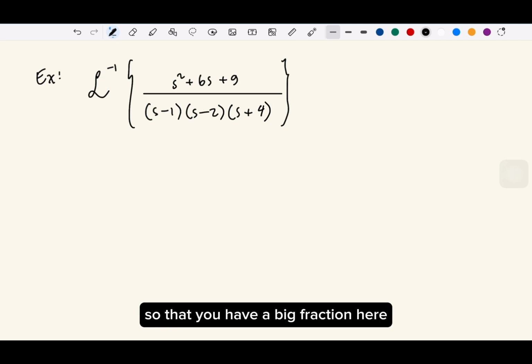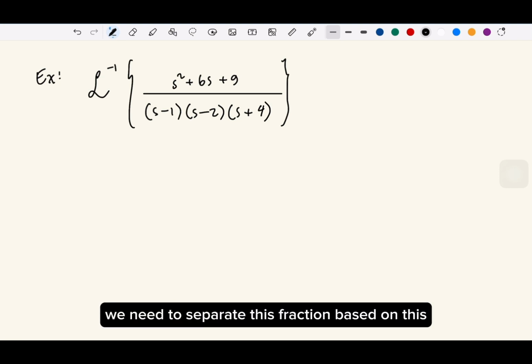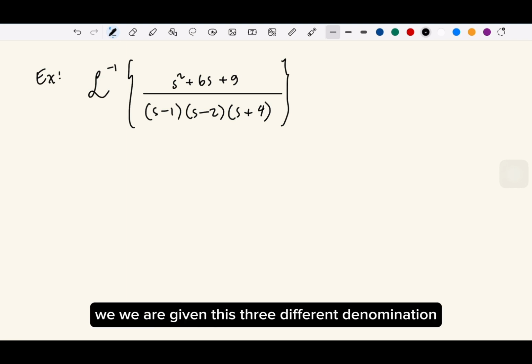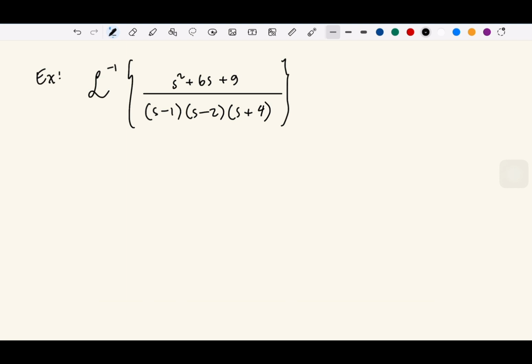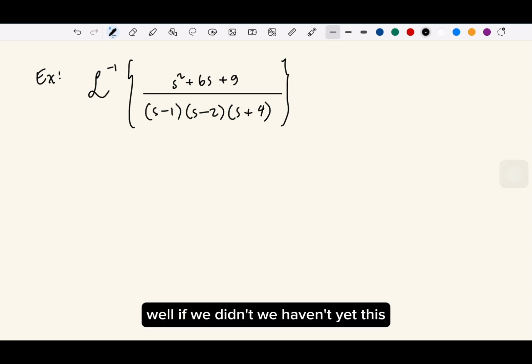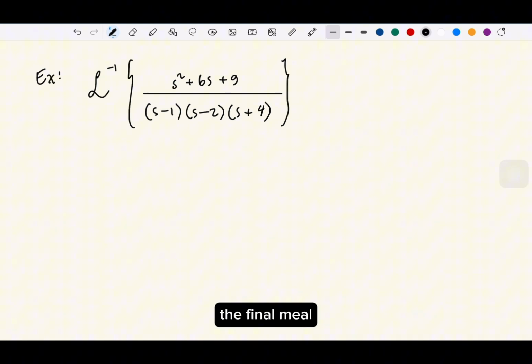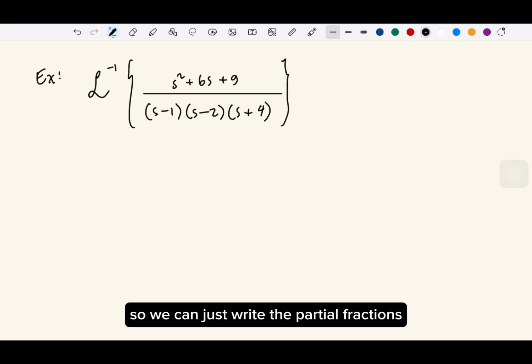We have a big fraction here, so first we need to separate this fraction based on this denominator. We are given this three-factor denominator. If we haven't been given it, maybe it's still a polynomial, so you need to find how to factor the polynomial. But it's already given here, so we can just write the partial fractions.